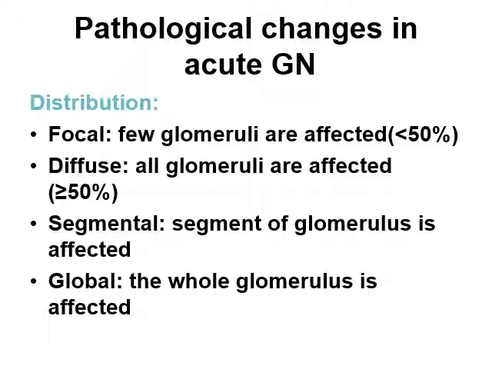The other two terms, which are also opposite to each other, are segmental versus global. If you concentrate on one affected glomerulus, if the affection is in a segment of the glomerulus only, the term will be segmental. If the whole glomerulus is affected, the term will be global. So this is the distribution of the pathology.